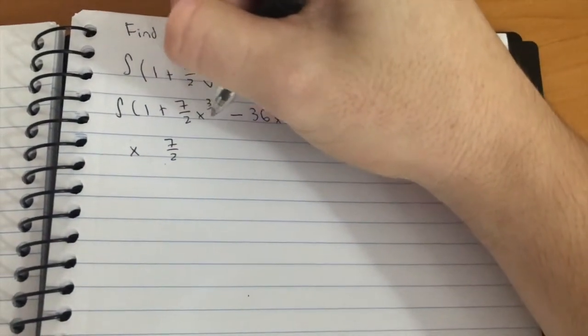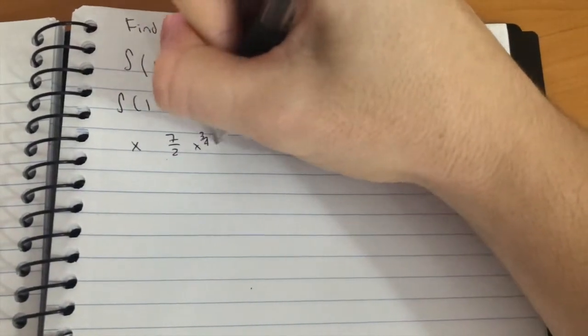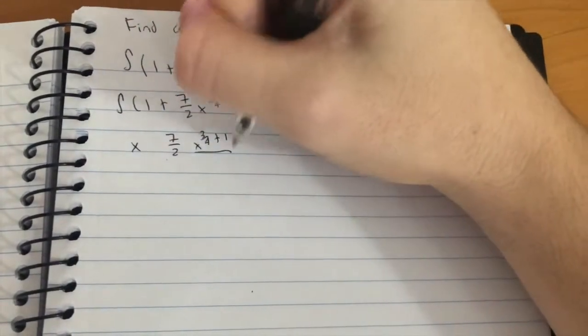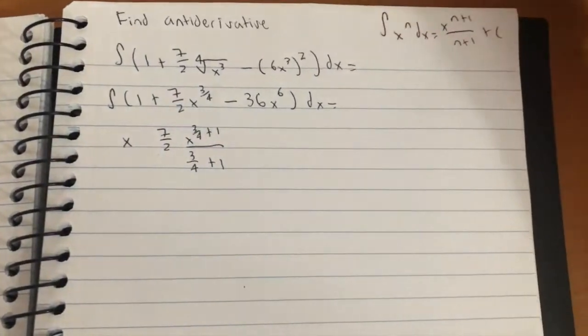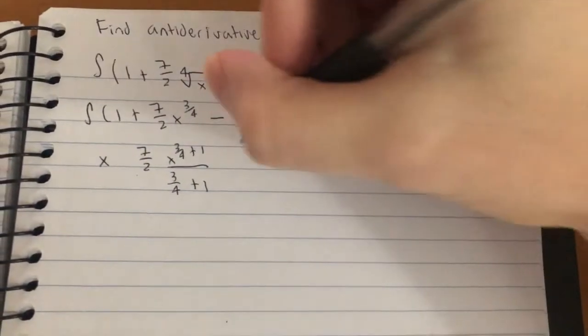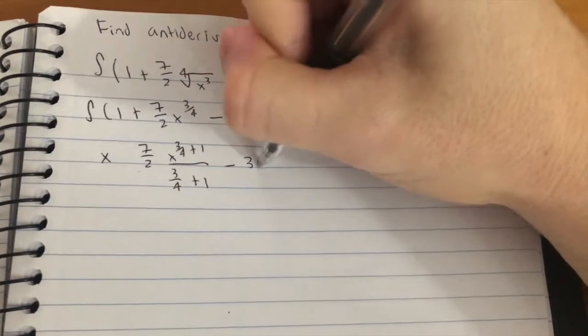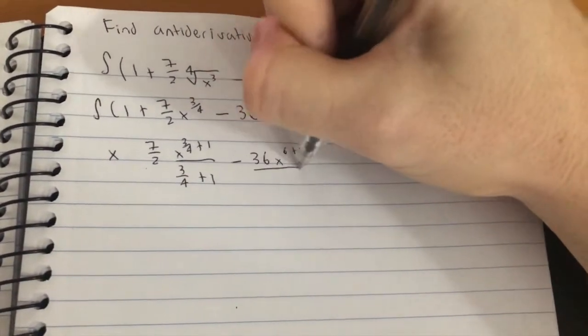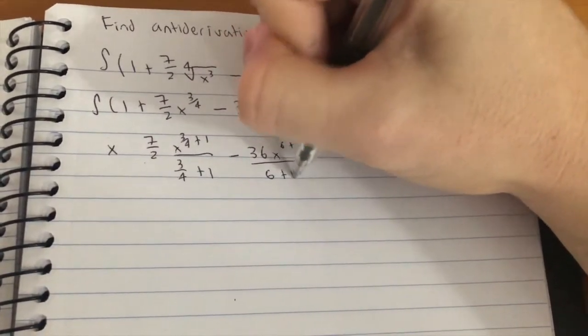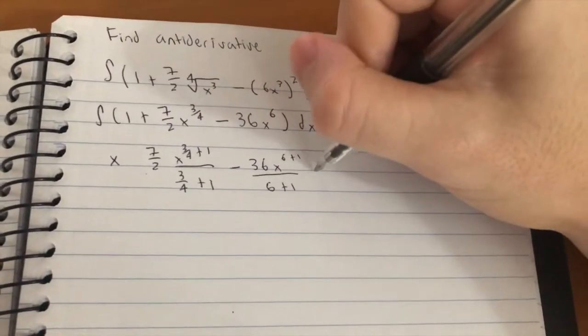So 7 over 2, and here it's x to the 3/4 plus 1, and n, which is 3/4 plus 1 in here also. Now in this one will be minus 36 x to the 6 plus 1 over 6 plus 1. I forgot the plus sign in here.